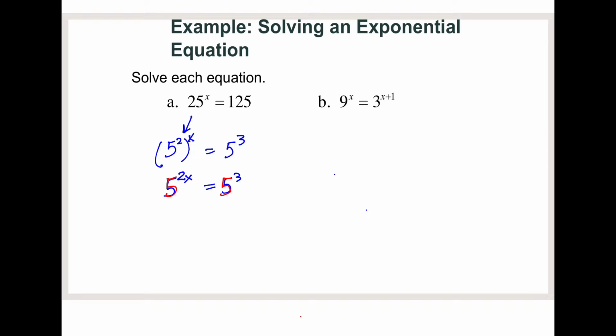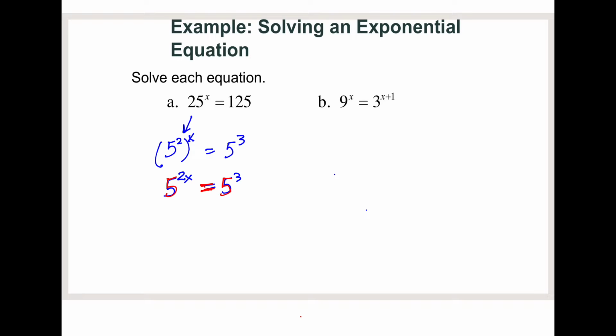And so in order for these to actually be equal to each other, which is what our statement says, the x value needs to be such that these two will result in the same power. These two will really result in 3, because the only thing that's equal to 5 to the third is another 5 to the third.